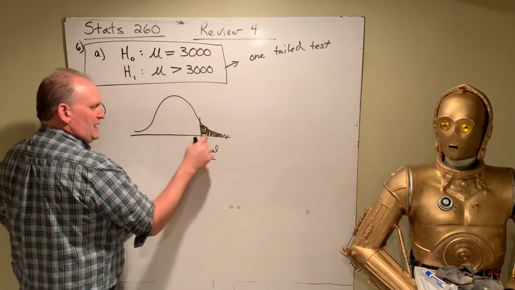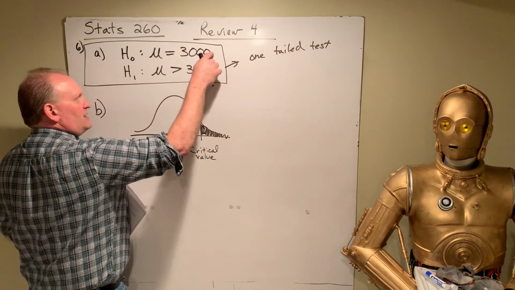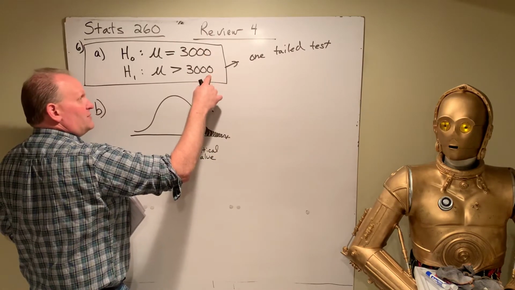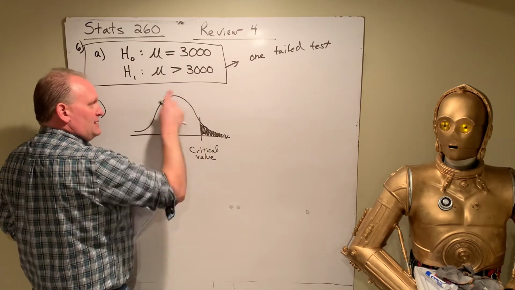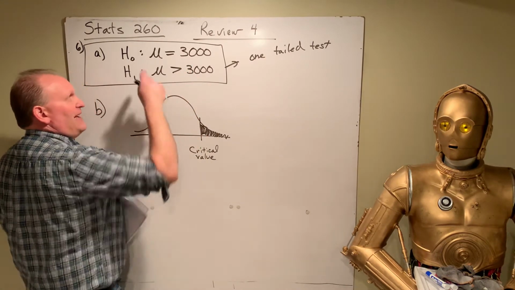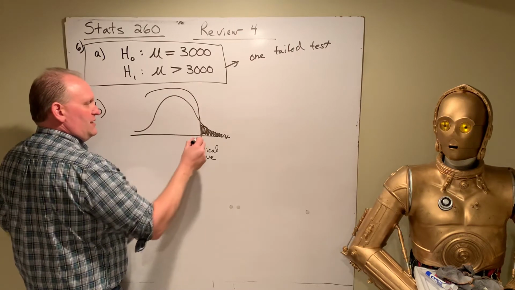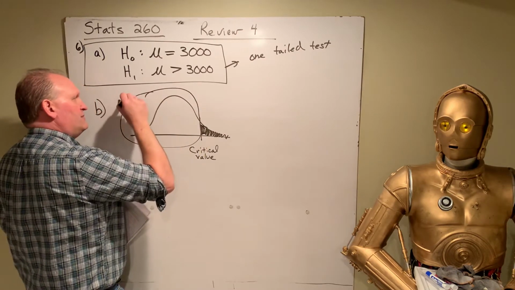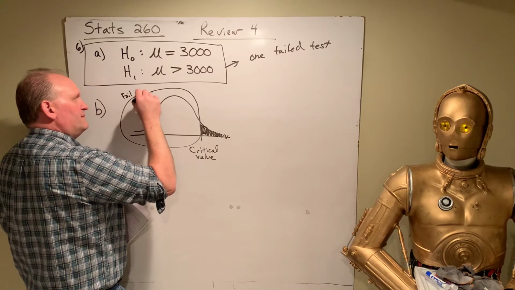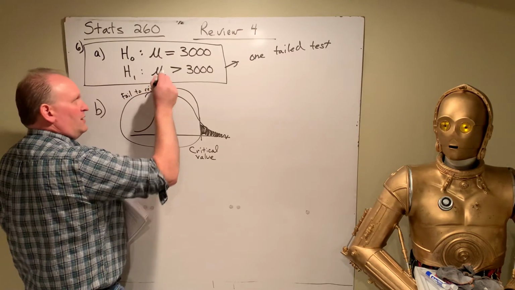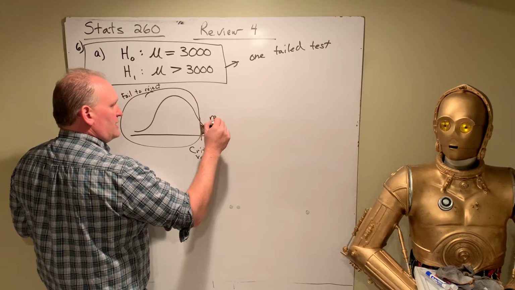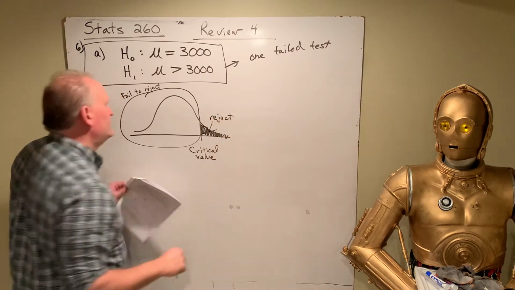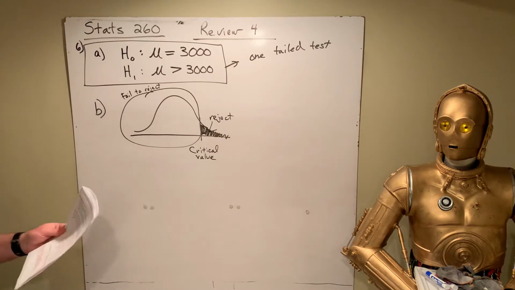If it lands in this shaded area, we reject the null and conclude the alternative that it's more than 3,000. And if it's in the unshaded area, then we fail to reject. So this unshaded area is all fail to reject, and we just conclude the null, that nothing really changed. And the shaded area is reject the null. All right, so those two regions.